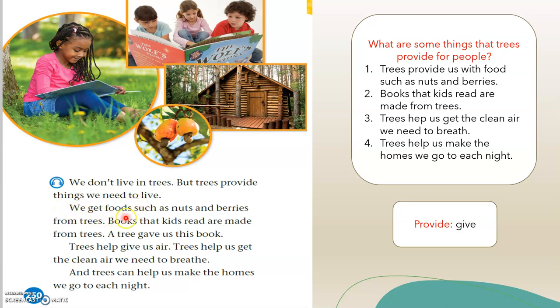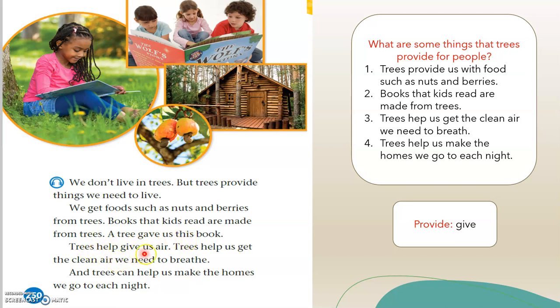First, we get foods such as nuts and berries from trees. Then we can have books. Books that kids read are made from trees. The books that we are reading today are made out of trees. A tree gave us this book.